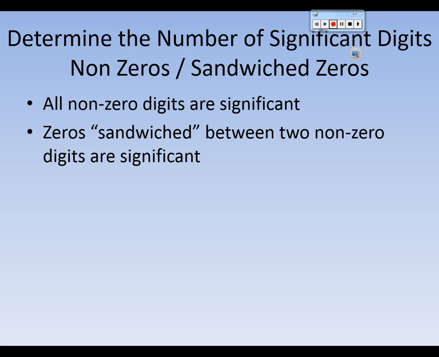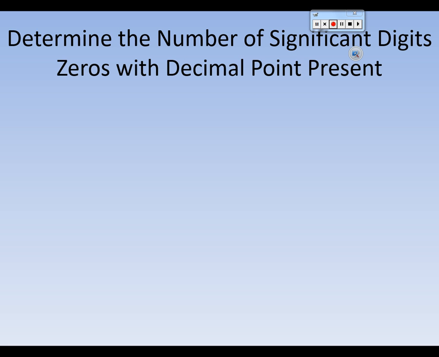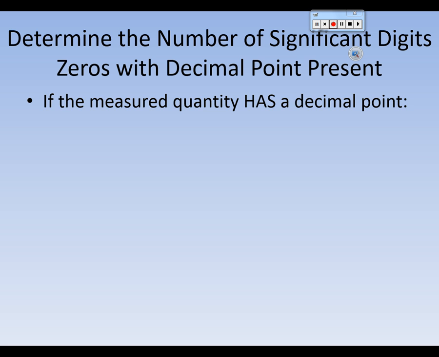The hard part comes with zeros at the beginning and zeros at the end. And the biggest key being if there is a decimal point. So, if your quantity has a decimal point, it doesn't matter where, it just has to show up.